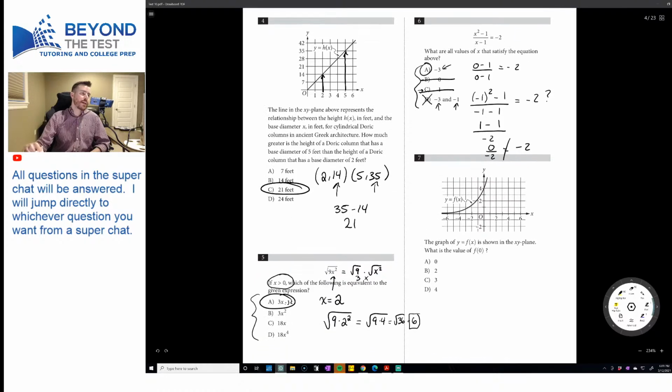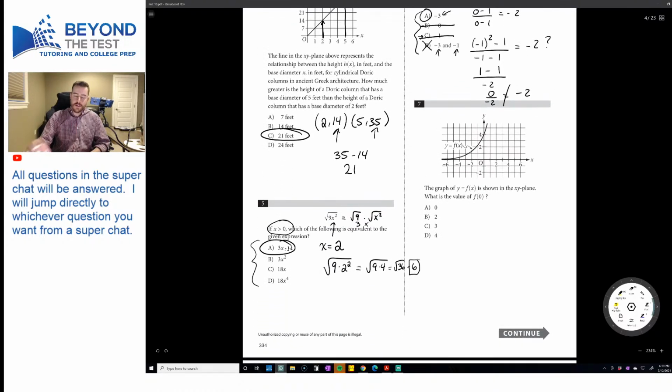All right, let's look at number 7 next. Okay, so we're given the graph of y equals f of x shown in the xy plane. What is the value of f of 0? Okay, so just kind of looking at this, if you don't remember how this works, they tell us y is equal to f of x.